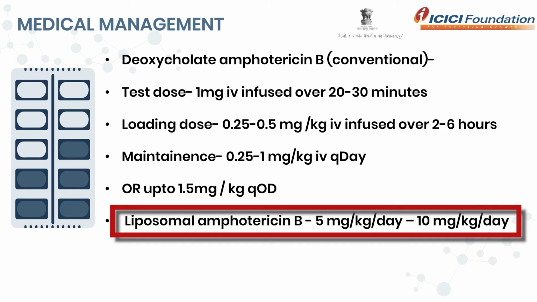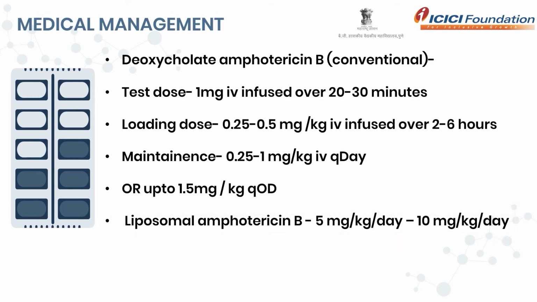So the cost goes up to 25 to 35,000 per day. It is very costly, and the duration of the treatment is 4 to 6 weeks, or it can be increased. That's why we are discussing how to prevent the mucormycosis, and everyone should take care of prevention.